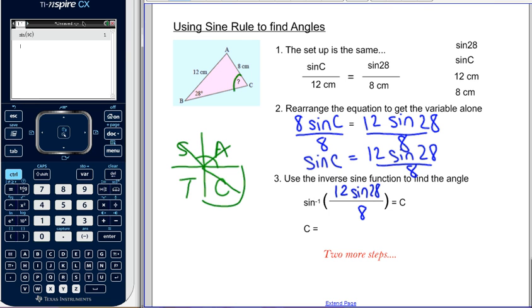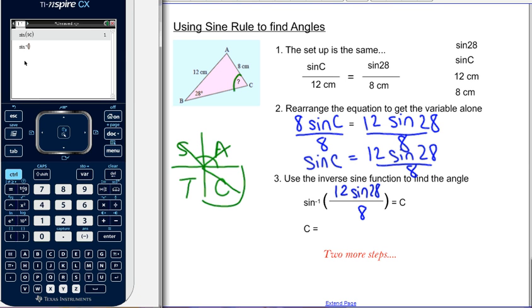Okay, so in our calculator, we would do that. First of all, make sure that you're in degrees. Then we'll do sine inverse of brackets, 12 times the sine of 28, and this will be divided by 8.